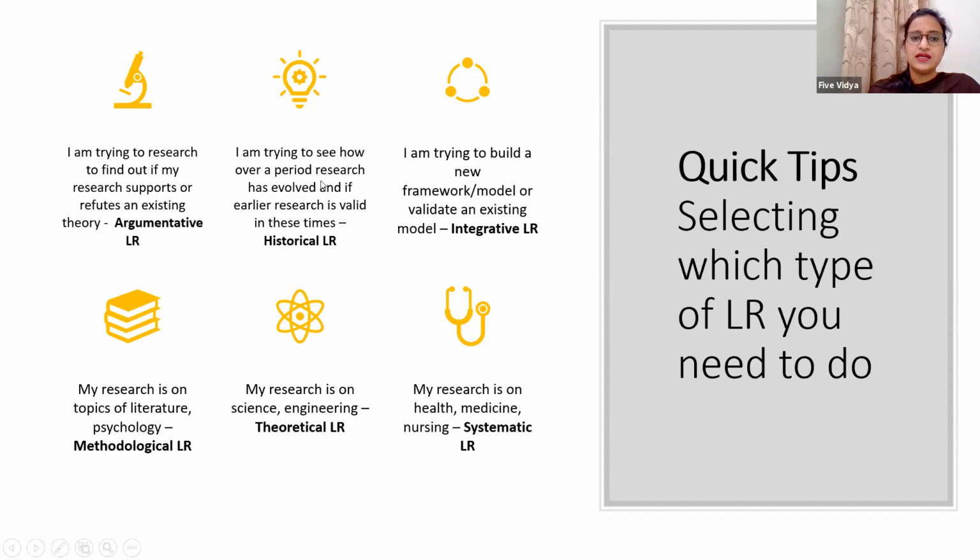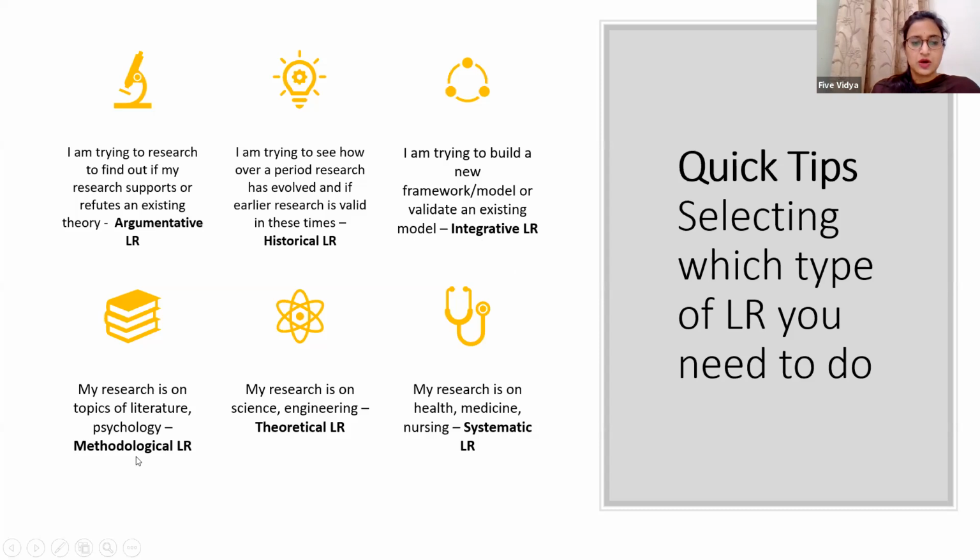If you are trying to see how research has evolved over a period, then you can use a historical literature review. Let's say you are trying to build some new frameworks or new models, or to validate an existing model, which is generally done by social sciences researchers and management people. There we use this integrative literature review approach.